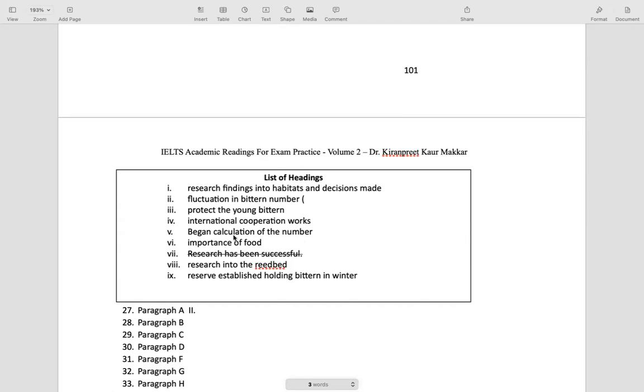Calculation of the number is there. Let's check out the other ones also. Importance of food. No. Research has been successful. No. Research into the reed bed. No. Reserve established holding bittern in winter. No. So the only one that makes sense is Fifth. Is it clear? Yes, sir.